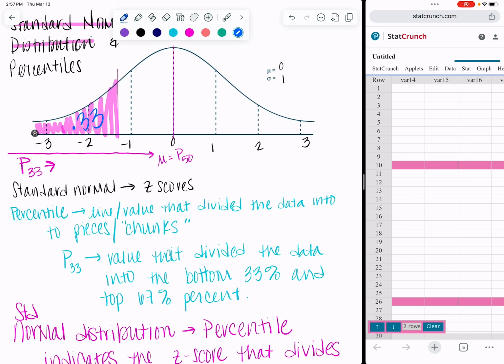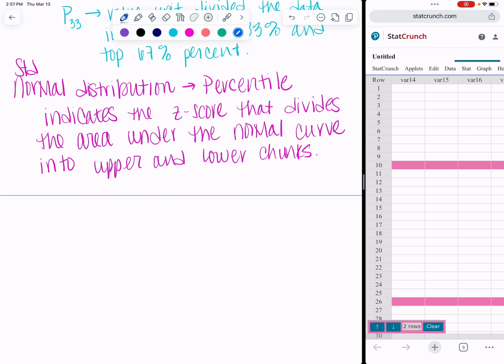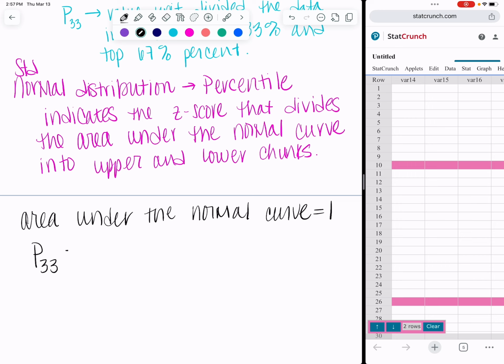Well, how do you know that? Here's how you know. The area under the normal curve is always 1. If we shade in the area under the curve, it will always add up to 1. We want, with P33, 33% of 1.